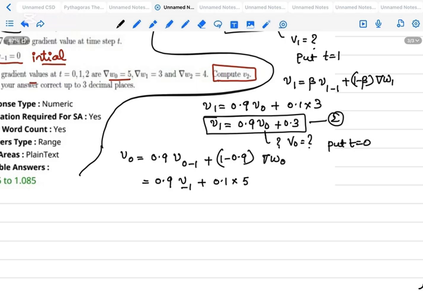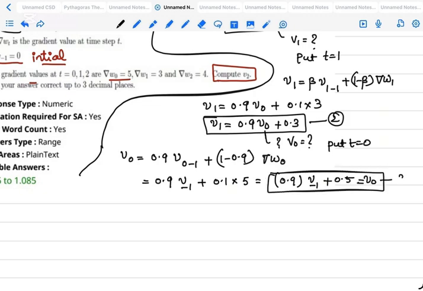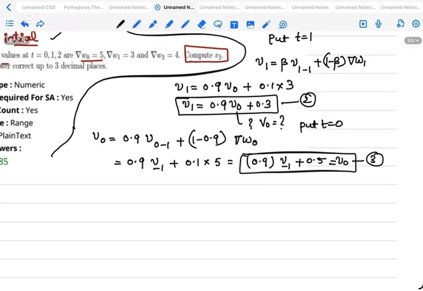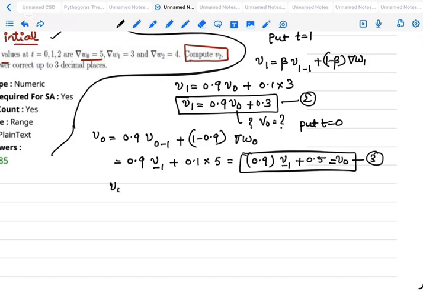That equals 0.9 times V minus 1 plus 0.5. We know V minus 1, the initial value, is 0 as given in the question. So V0 equals 0 plus 0.5, that is V0 equals 0.5.